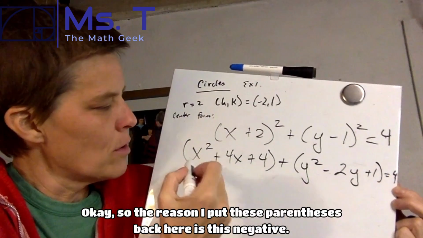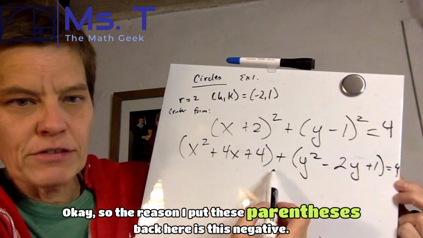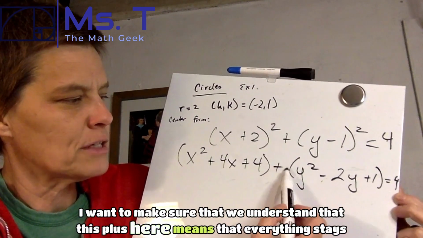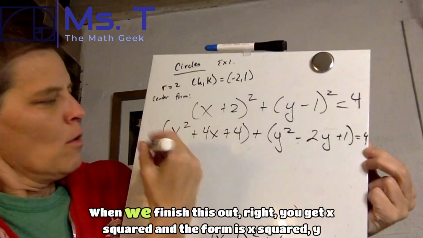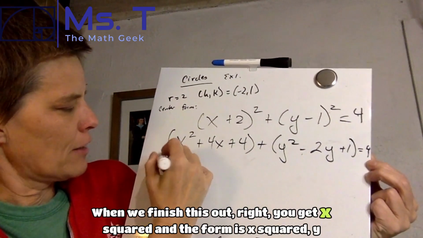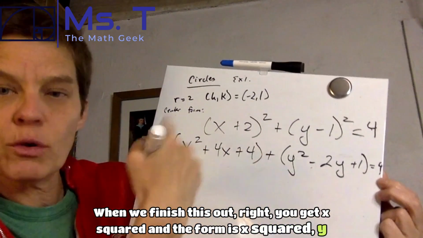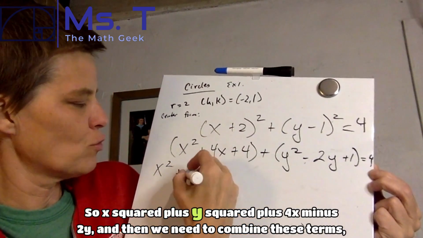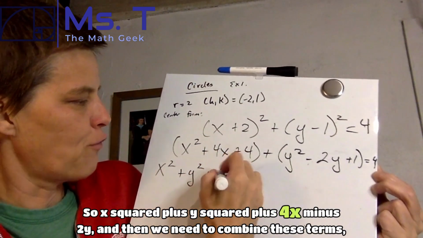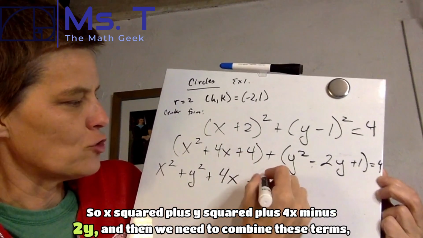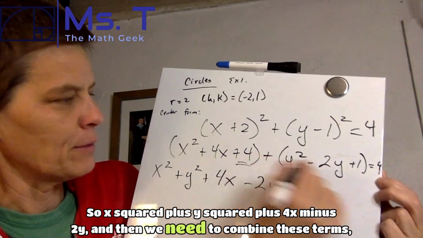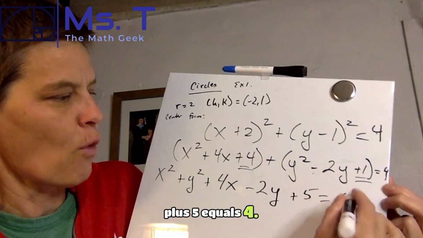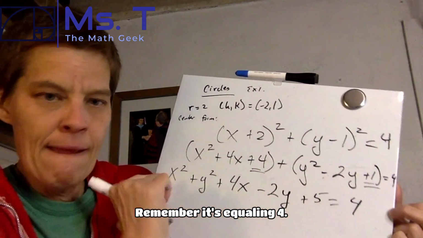The reason I put these parentheses back here is this negative. I want to make sure that we understand that this plus here means that everything stays the same. When we finish this out, the form is x squared, y squared, x, y, constant. So x squared plus y squared plus 4x minus 2y, and then we combine these terms, plus 5 equals 4. Remember, it's equaling 4?